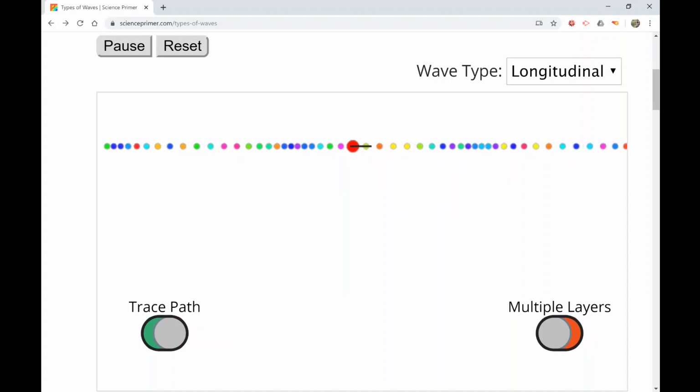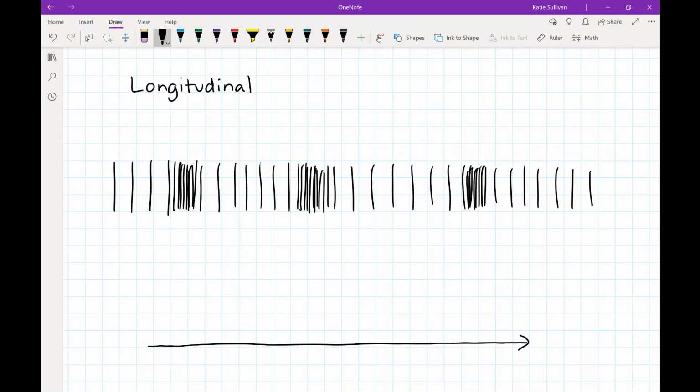And in this case, instead of the particles moving up and down, here they're moving parallel in the same way that the compressions are moving across the screen, back and forth and back and forth. So in longitudinal waves, the oscillations happen in a parallel direction to the energy transfer. So we have energy transfer again at the bottom. You can see that in the illustration.